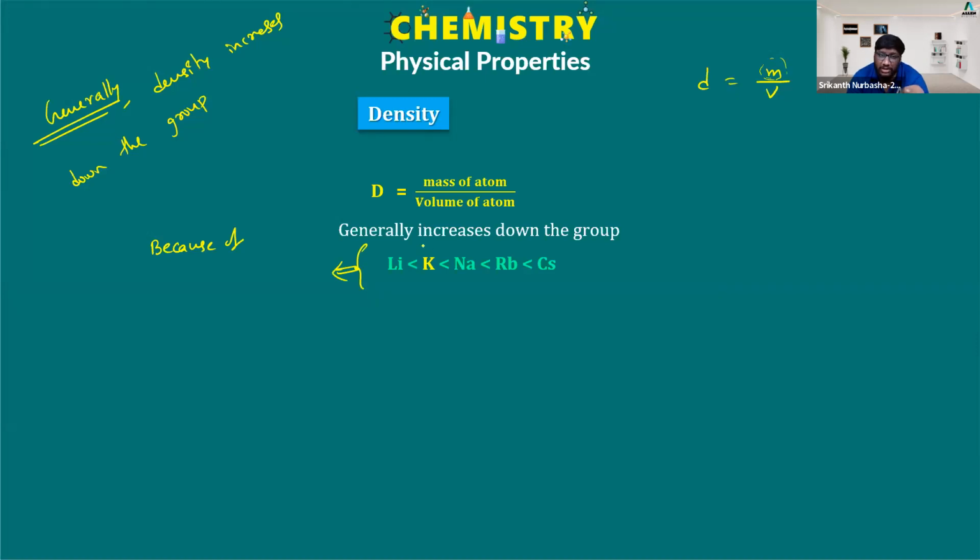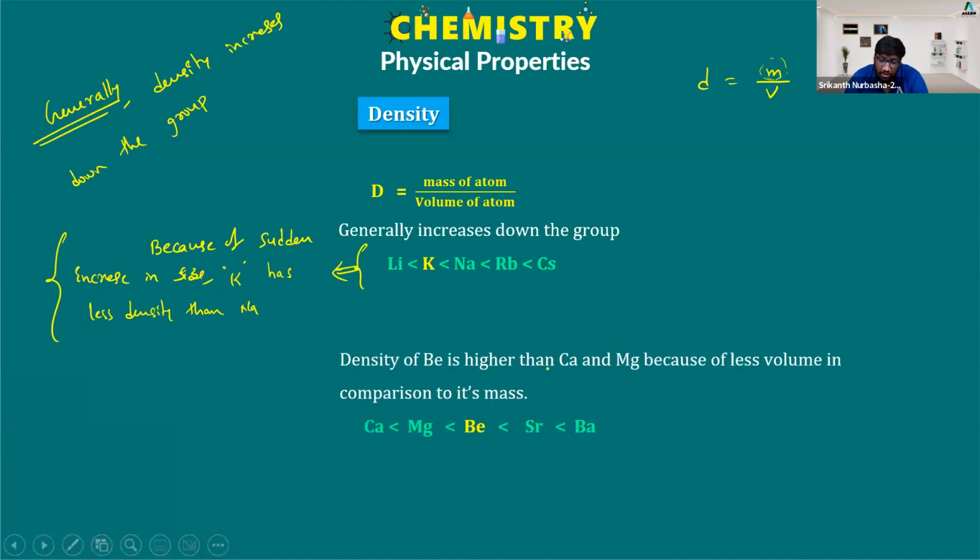Although we are not filling the d orbitals in potassium, the sudden increase in size can be seen from sodium to potassium. Potassium has less density than sodium, and also in potassium we have vacant orbitals. Yes or no? These are the reasons.